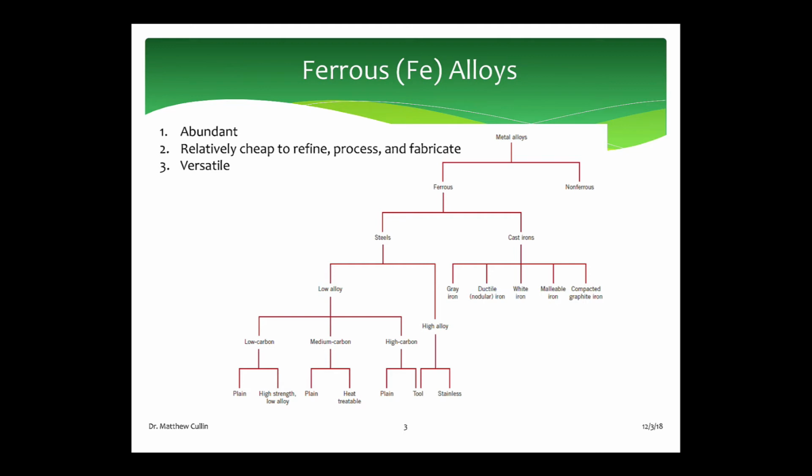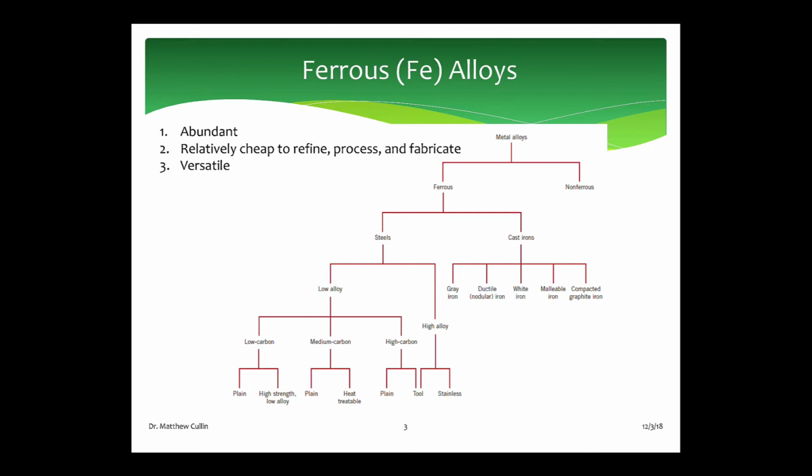If we switch and instead talk about high alloys, so generally alloying additions of 5, 6, 7% and above, those generally get shifted into a class of steels called high alloy steels.